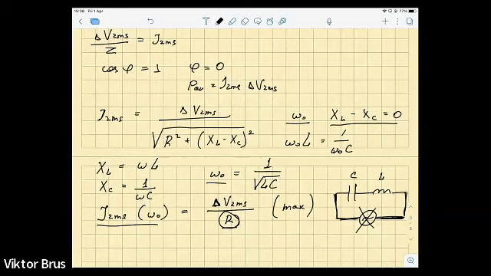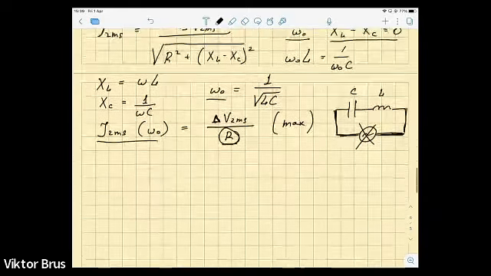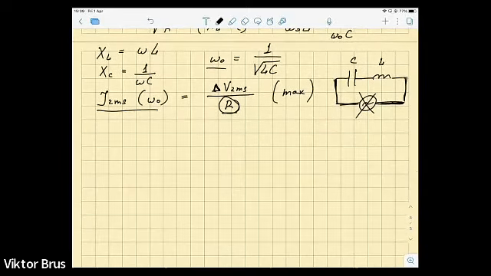So similar considerations during resonance conditions can be applied also to the average power. So we know that average power is equal to I RMS squared times R, and we can express I RMS as delta V RMS divided by Z, the total impedance of the AC circuit.